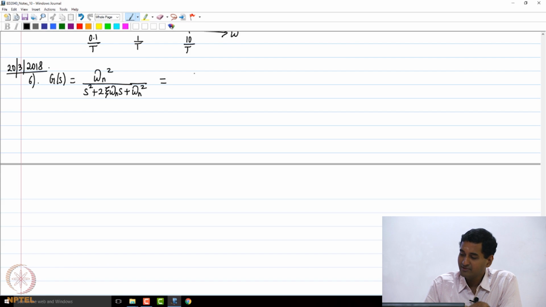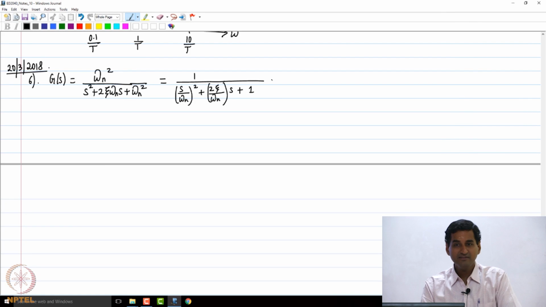This can be rewritten as 1 divided by... I just divide by omega n squared in both numerator and denominator. So, essentially I will get s by omega n whole square plus 2 zeta by omega n s plus 1, right.